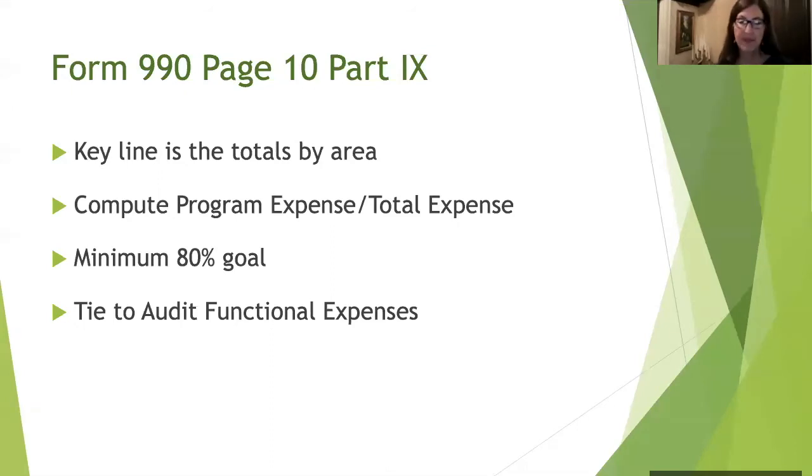Now, it's tricky because you have different line items here than you do on your audited financials, but you need to make the numbers on this page tie to your audited financials, because you do send the IRS a copy of your audited financials, and places like Charity Navigator get them. So everything does have to tie. Next.